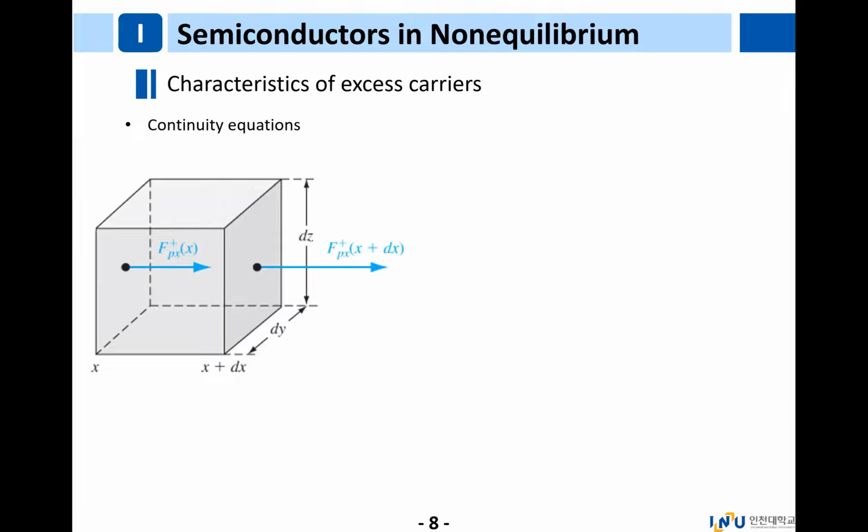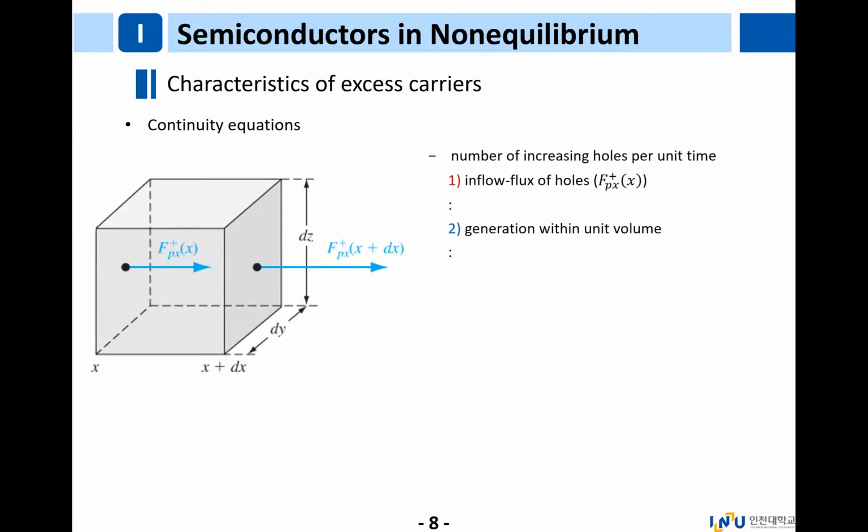Okay, then let's start to derive the continuity equation. To derive the continuity equation, let's consider a small volume with dimensions dx, dy, and dz. First, we will focus on the number of holes increasing per unit time within the unit volume dx dy dz.